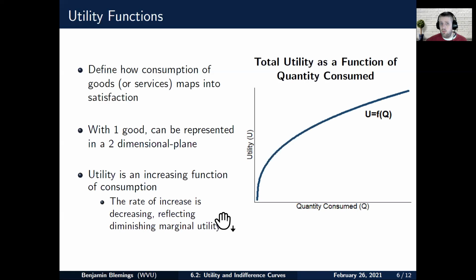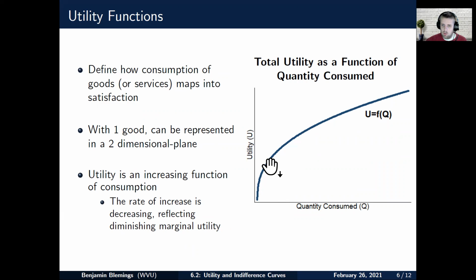This is just a function, which we've seen before in a two-dimensional plane. Considering some individual who only consumes one type of good, we can show this utility function in a two-dimensional plane.